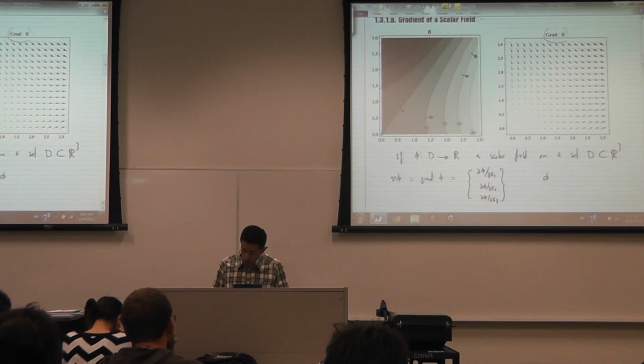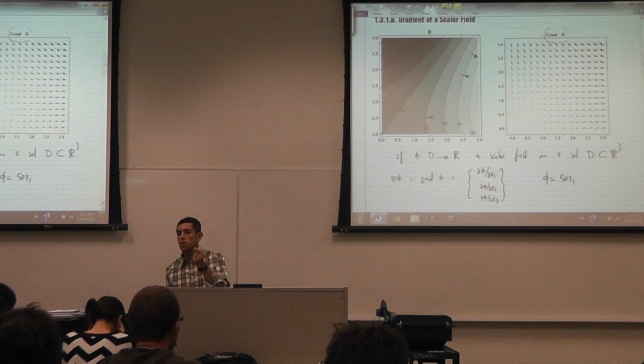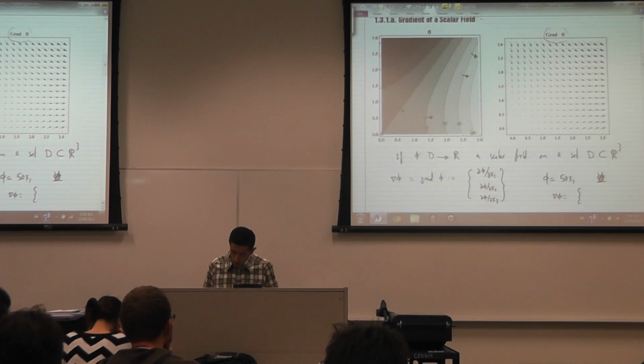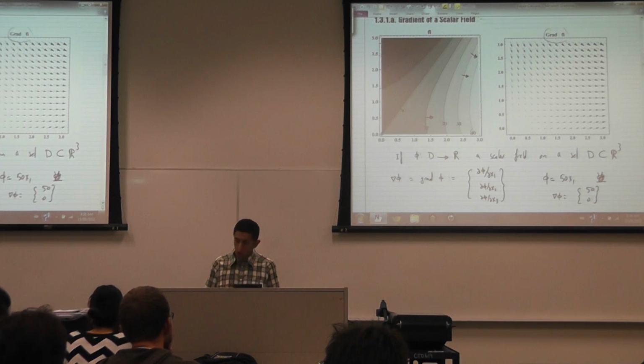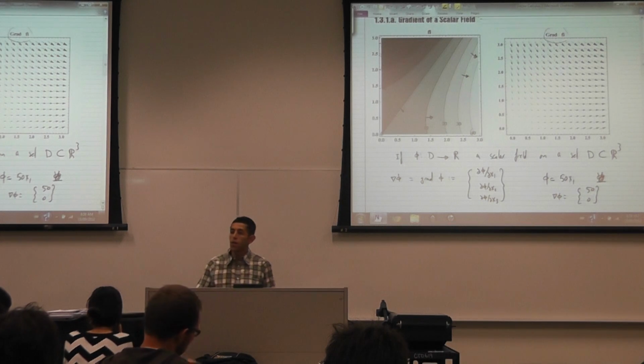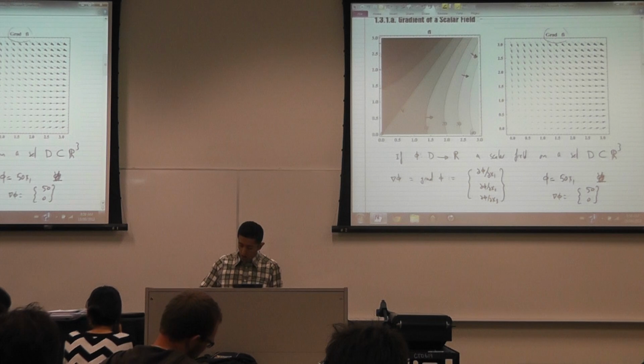Let's say the temperature is equal to 50 x1. The temperature increases as you go in the direction of x1, then the gradient of phi will be equal to 50 and 0, which means temperature is only changing in the x, it's not changing in the y. And you get horizontal vectors.